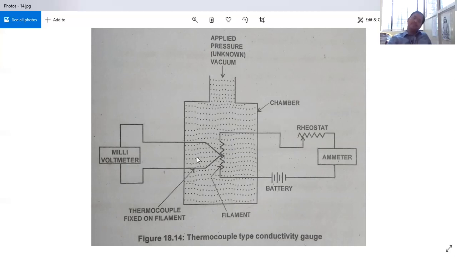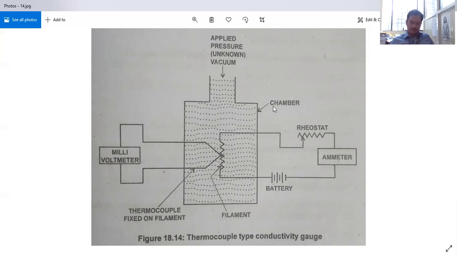Electricity is passing through the circuits, so this chamber must be insulated properly and perfectly such that the applied pressure should not affect these walls, and we may not get any other disturbances from outside.